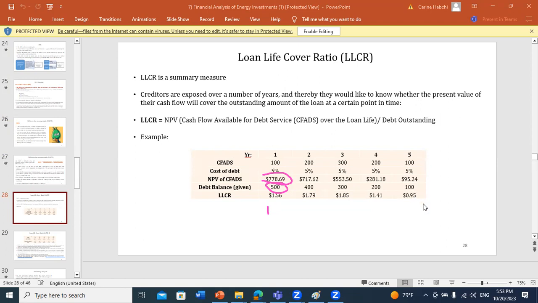This is bad. So in general, what we try to do, when doing the study, if we obtain that for a certain year we have a failure, we say let us pay before. Because if you reduce the time of paying the debt, you will reduce also the interest that you are paying. So you can do a schedule that can help you decide what is the number of years within which it is good to pay my loan.